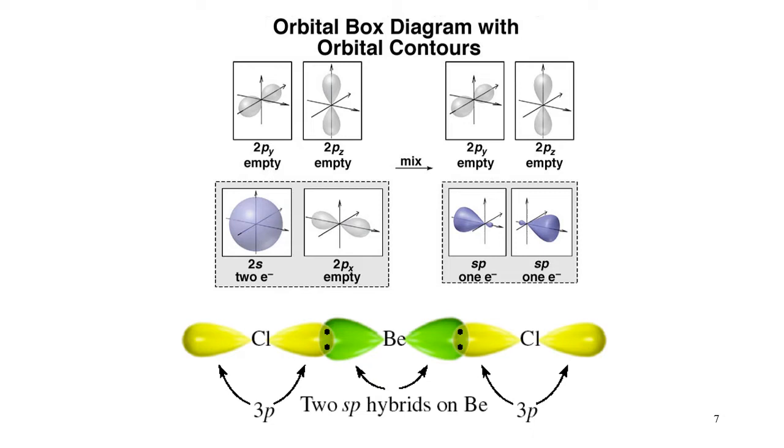Sp contains s and px orbitals, a combination of s and px orbitals. Py and pz are left empty. So you can see from this caricature that only sp hybrid orbitals are involved, leaving py and pz empty.